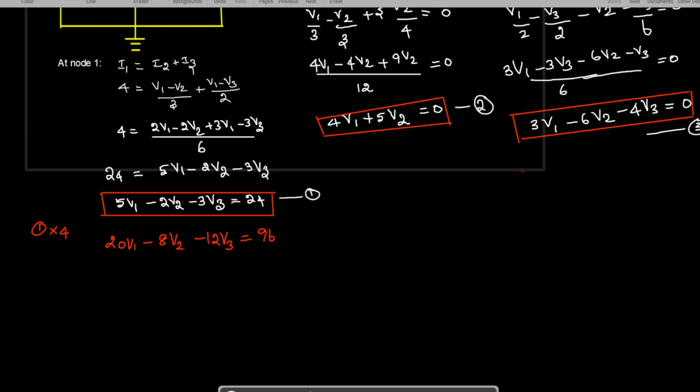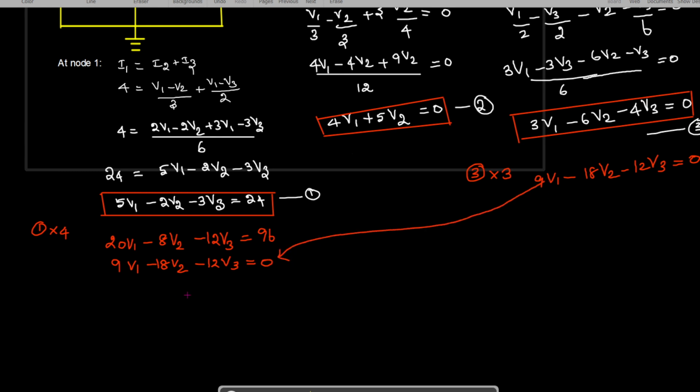And this third equation you multiply by 3 to make it 12V3, so that you will get 9V1 minus 18V2 minus 12V3, that is equal to 0. So I have brought this to this side.